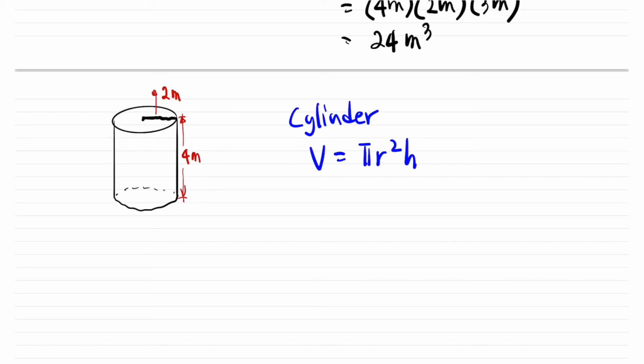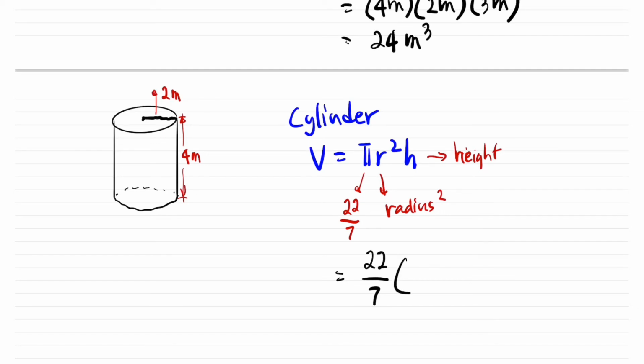So therefore this is equivalent to 22 over 7. This one is the radius squared. This one is our height. So therefore the solution would be 22 over 7 times the radius, which is 2 meters squared, times 4 meters.